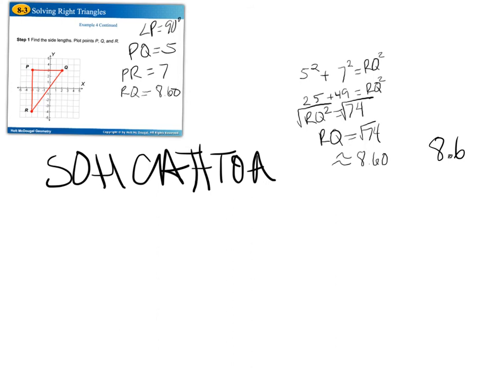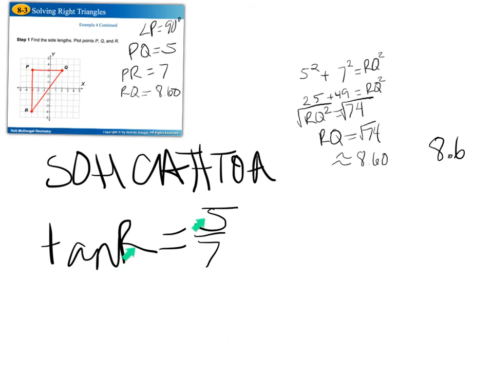So I'm at R. I'm going to do tangent of R. If I'm here at R, I got opposite over adjacent. And the reason I'm going to do tangent is because I got these nice whole numbers to work with. I don't have to worry about this decimal answer. So tangent of R is going to be opposite over adjacent. So that's going to be 5 over 7.